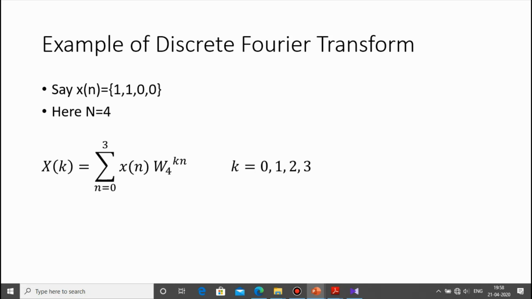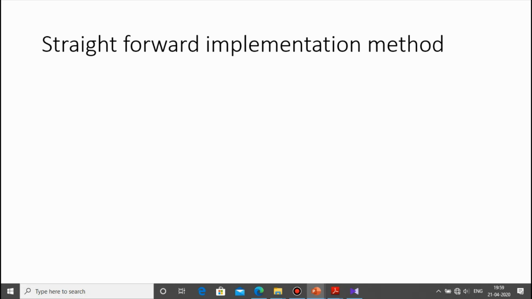Now, if we calculate this DFT using the straightforward implementation method or mathematical definition method, for k equal to 0, X[0] is equal to summation n equal to 0 to 3 x[n] W4 to the power 0 into n, which is x[0] W4 0 into 0 plus x[1] W4 0 into 1 plus x[2] W4 0 into 2 plus x[3] W4 0 into 3.